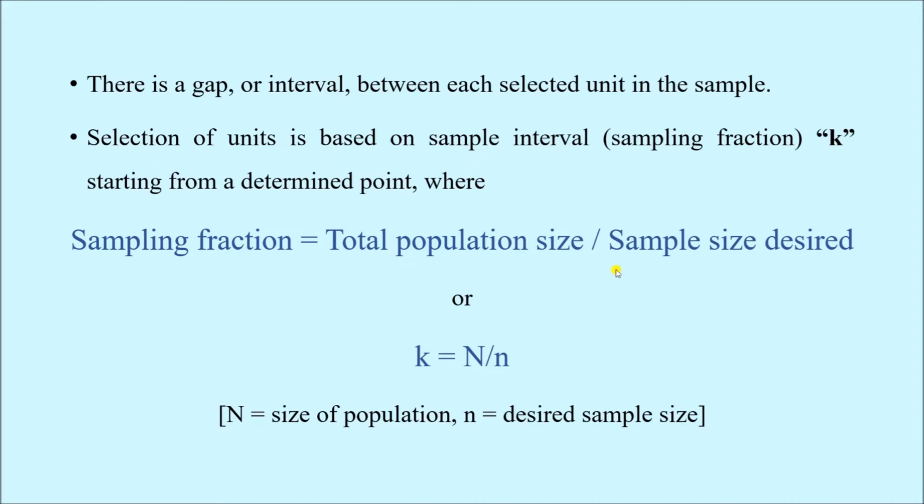So whatever is the size of the population from which we are drawing our sample, that has to be divided by the sample size. From the sample size calculation, we know how many samples we need for our study, and that is our denominator. So we can say k is equal to capital N by small n, where capital N is the size of the population and small n is the desired sample size.